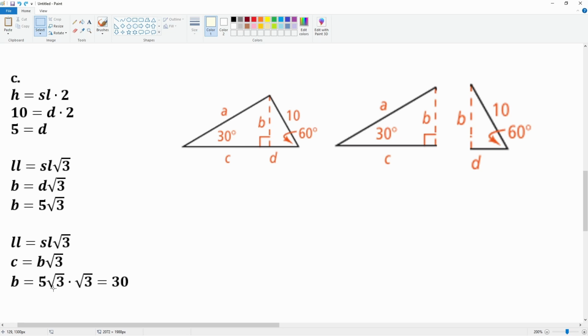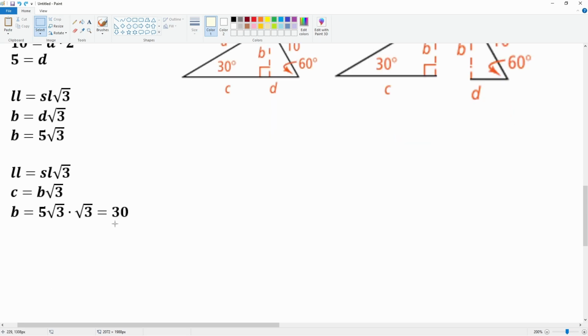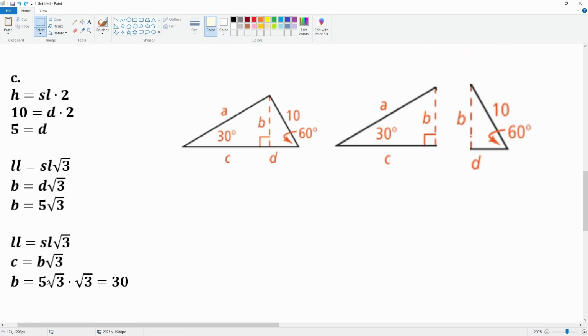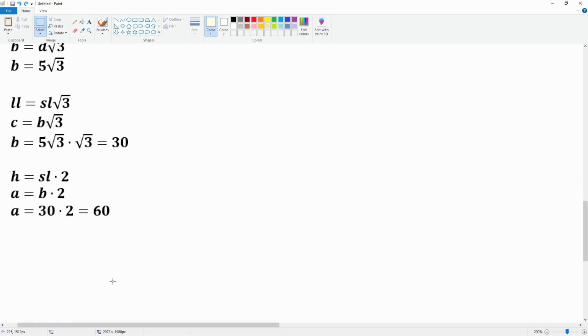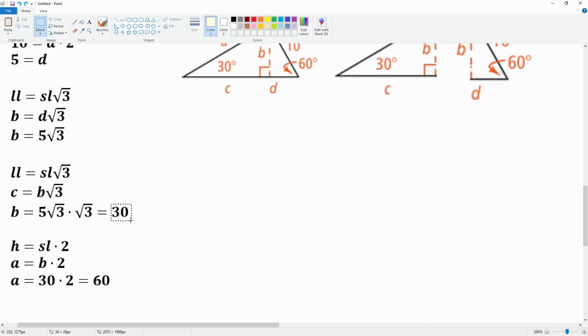Ooh, this is not right. This should be a different value. Hold on. Okay, this is off. This should be 15, not 30. Okay, so I messed up here. This should be 15.